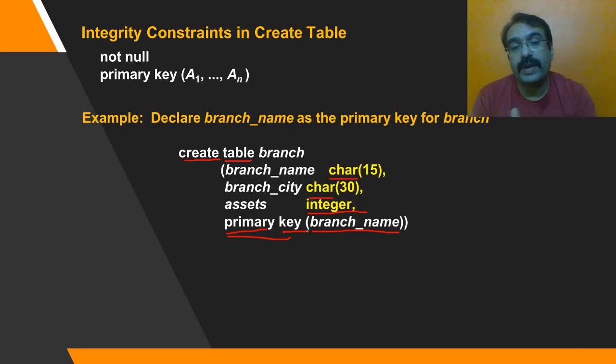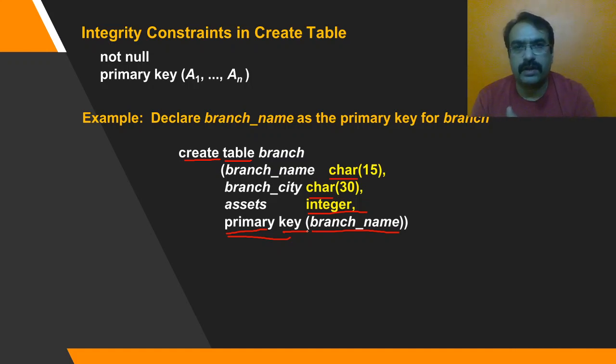So with the help of primary key keyword, I can specifically make any of the attribute a primary key. Now if it is a primary key, by default it is understood that it should not be null. So we need not explicitly mention not null with the branch name, because we have made it a primary key.